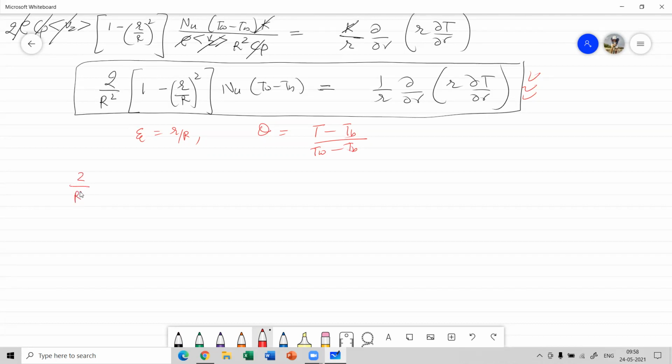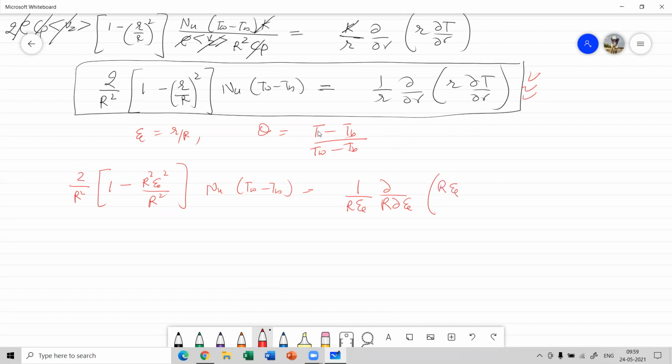So 2 by R square, small r can be written as R zeta. So 1 minus R square zeta square over R square into Nusselt number into Tw minus Tb. 1 by r can be written as 1 by R zeta, del by del r, so not zeta, R, because R is constant, so del r can be R into del zeta.